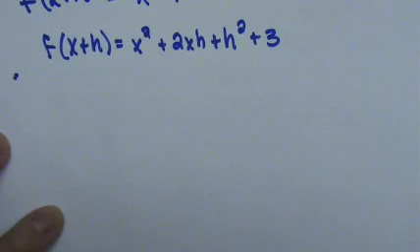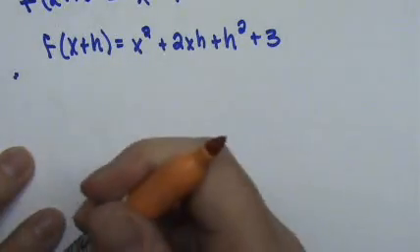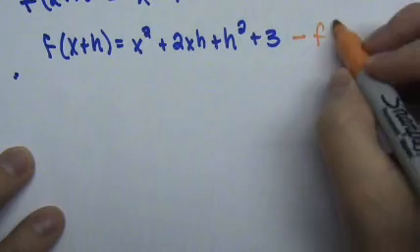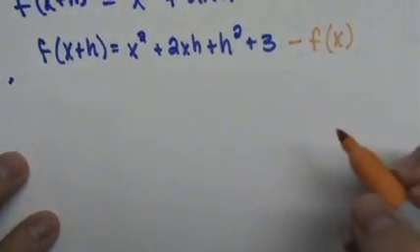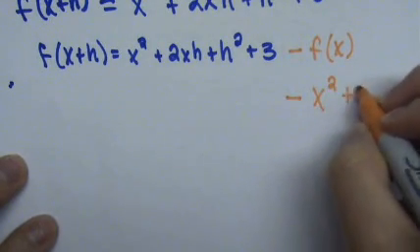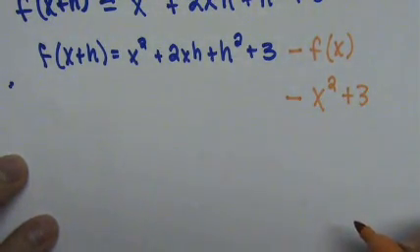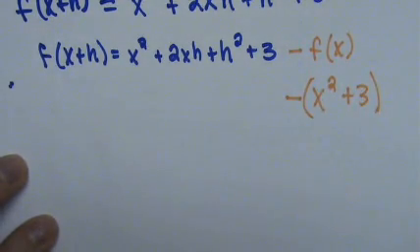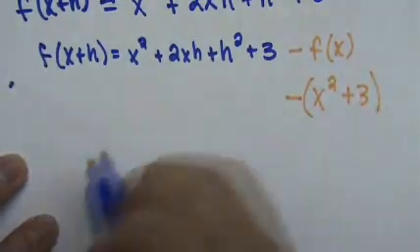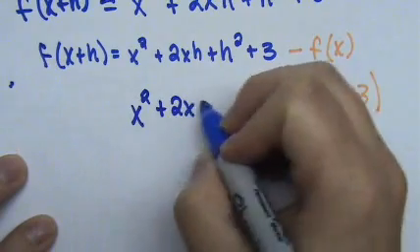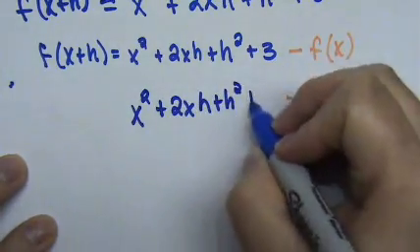Alright, now that we know our f of x plus h, the next step is to subtract f of x. What was f of x? It was x squared plus 3. Is that how I write it? Never, ever, ever forget the parenthesis. It's a terrible mistake. So x squared plus 2xh plus h squared plus 3.